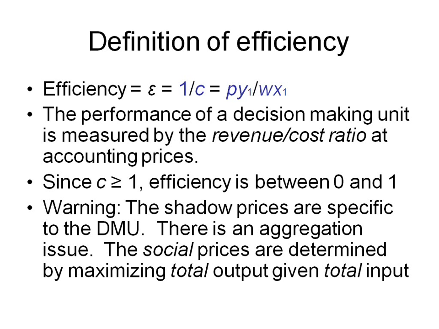Let me warn you, the shadow prices which we used are specific to the decision-making unit of which we have evaluated the efficiency. Why is that? Because in the linear program, the bounds were the inputs of that decision-making unit. Okay? So if a decision-making unit has very little capital, for example, then in that linear program, the capital constraint will be a very tight constraint with a low upper bound.